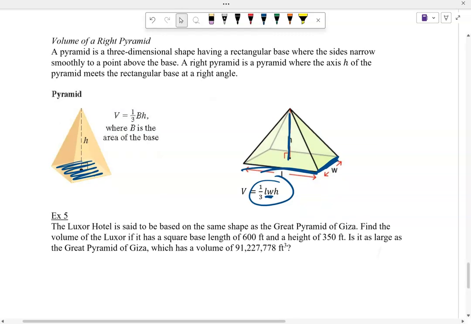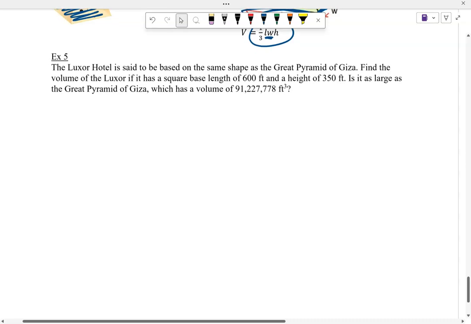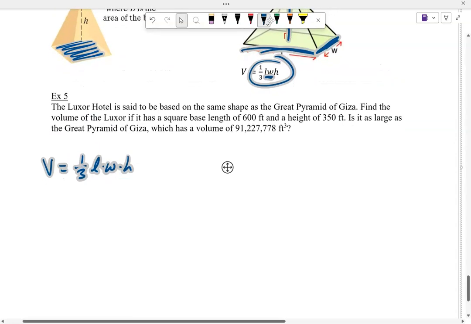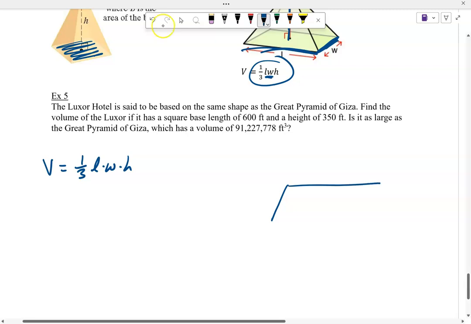So let's go with the Luxor Hotel right here in Las Vegas. It's said to be based on the same shape as the Great Pyramid of Giza, if you didn't know that. Let's go ahead and find the volume of the Luxor. So I got 1/3 length times width times height. Let me see if I can draw this as best I can.